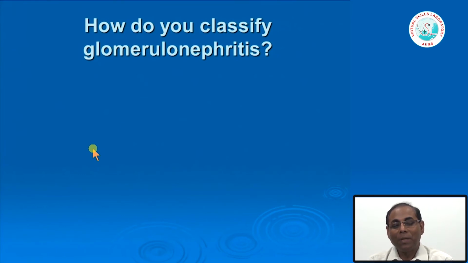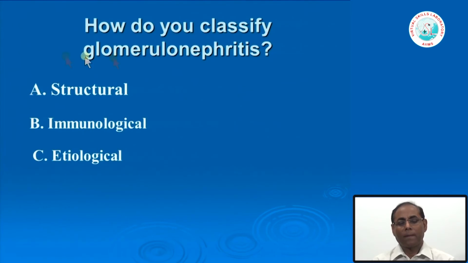Now the next question is, how do we classify glomerulonephritis? Structural classification should be our mainstay. Another very important question is whether the abnormality is associated with immune complex deposition or not, because a big group of glomerular diseases is associated with immune complex deposition.